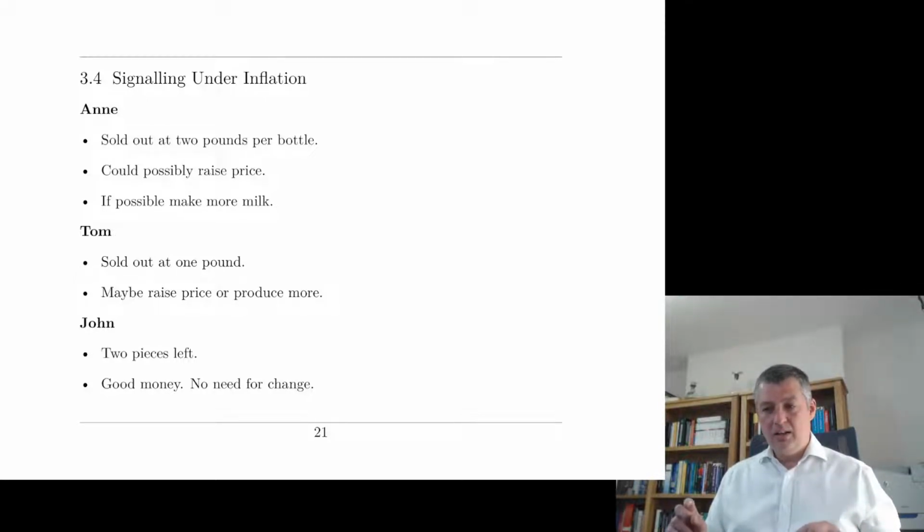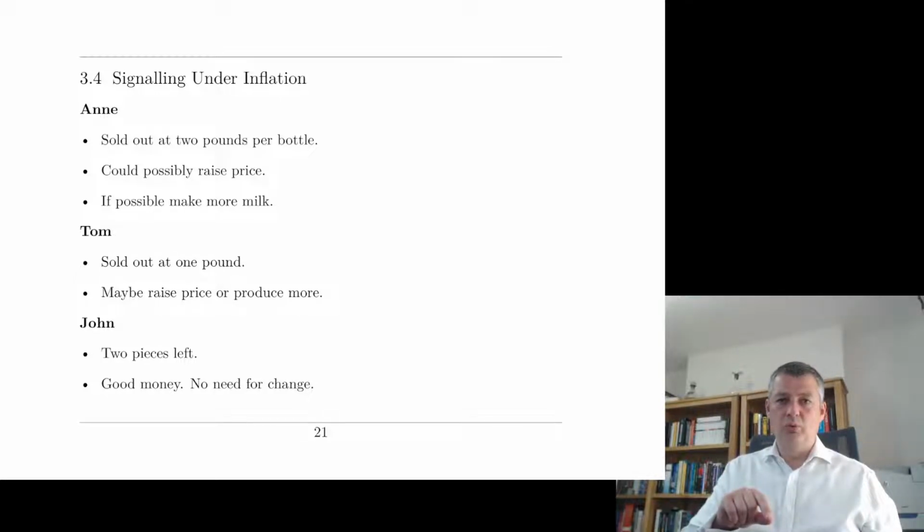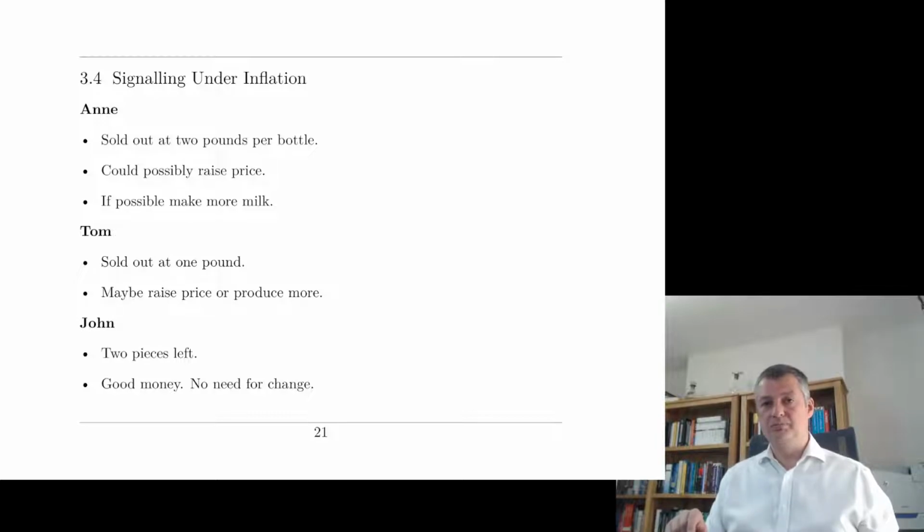However, the order in which those signals are sent will be different based on who gets the money first. And that becomes very important when trying to analyze the impacts of inflation, or in this case of increases to the money supply.